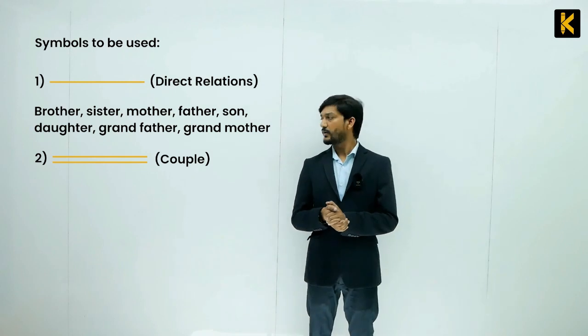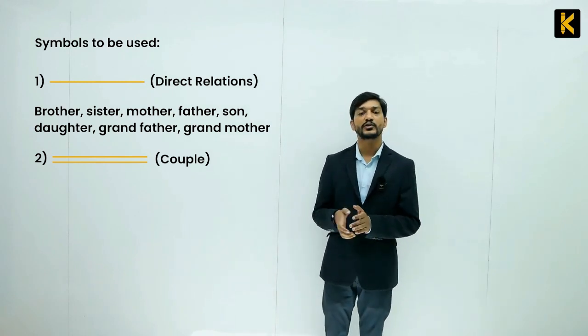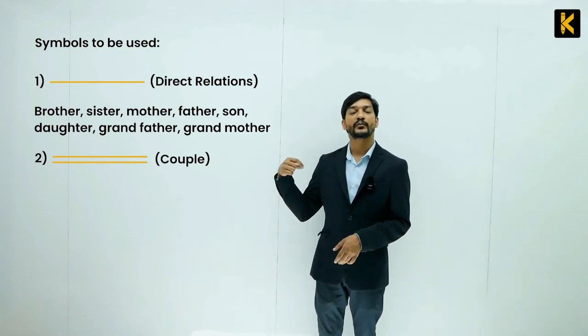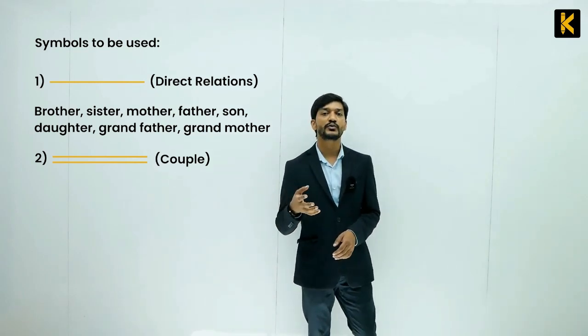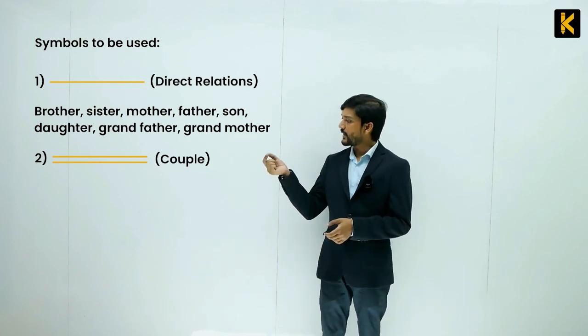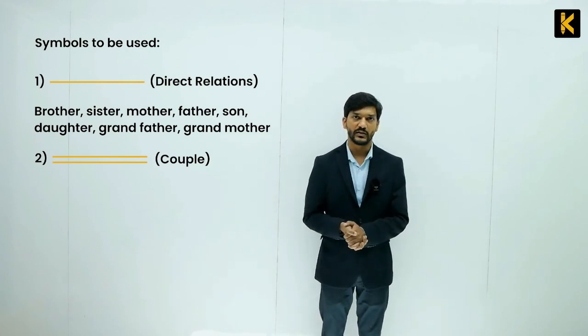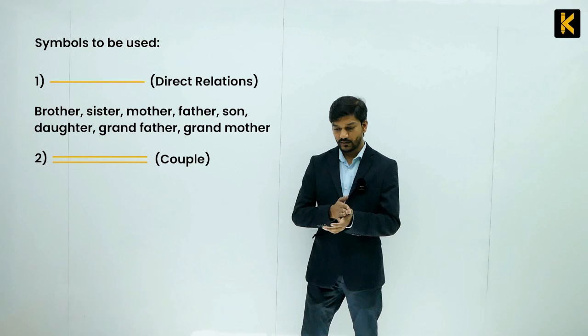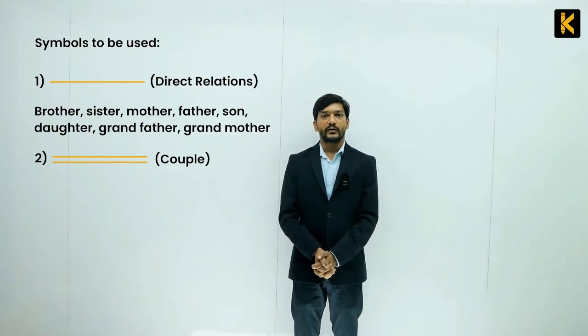Because husband and wife is also a couple, that's why this couple relation I have shown with the symbol which is used to show coupling in engineering. Okay. So double line is to show a couple relation. A couple is always husband and wife. Okay. Perfect.